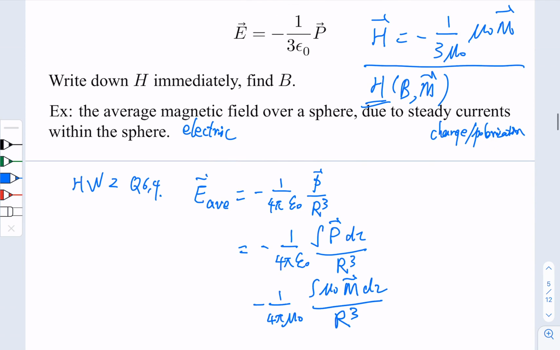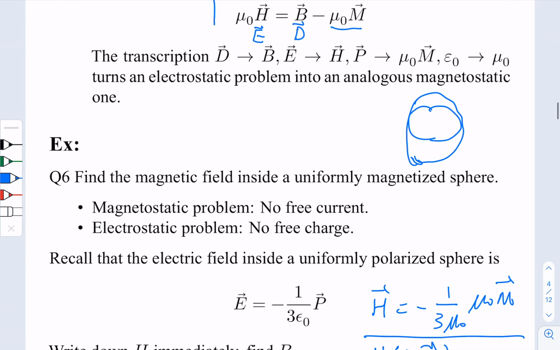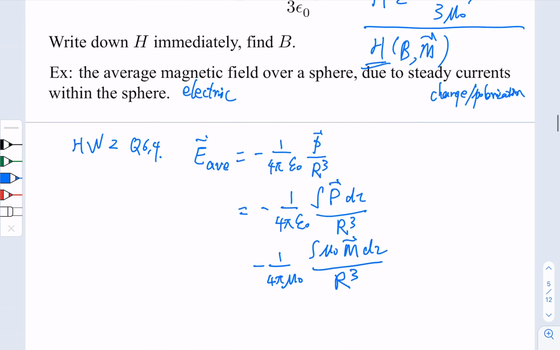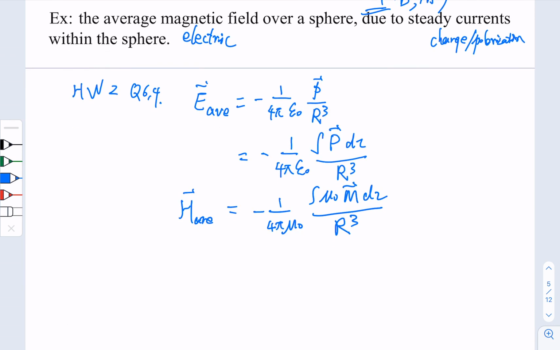And what's on the left hand side should be E replaced by H. So here this is H average, and the mu naught here cancels.